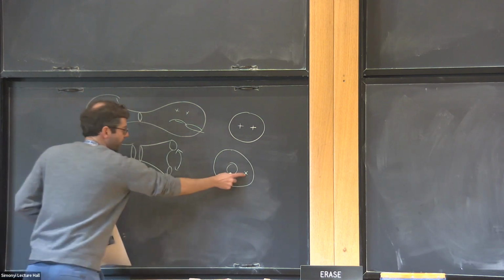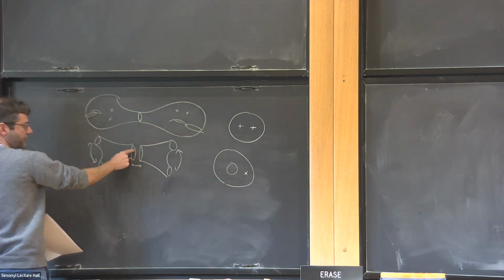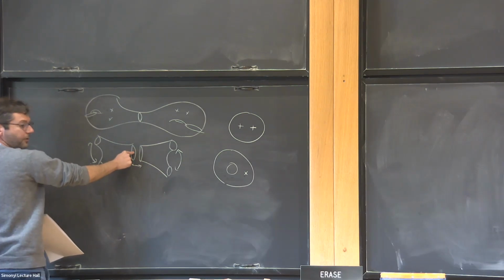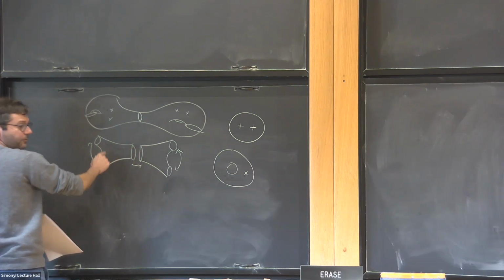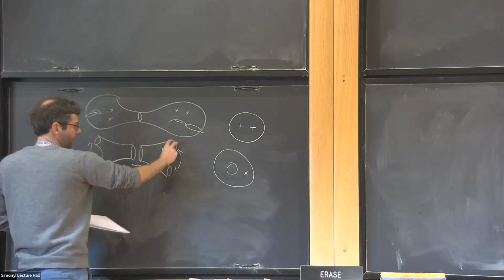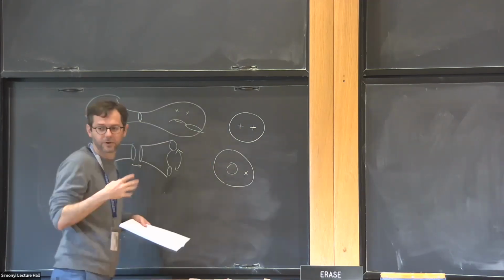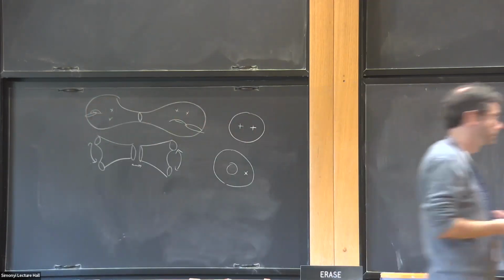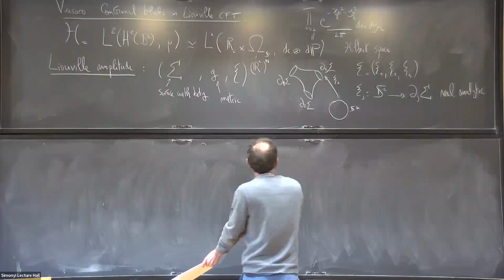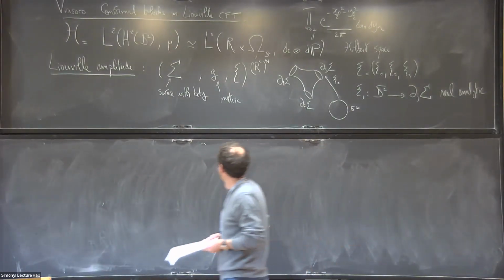And an annulus with 1 marked point, you can also view it as a pair of pants when you pinch this curve to make a marked point. It becomes an annulus with 1 marked point. And if you pinch now these two, you actually get a disk with 2 marked points. So a marked point can be viewed as a kind of limiting case of when you don't have marked points. It's a bit like going to the boundary of moduli space.